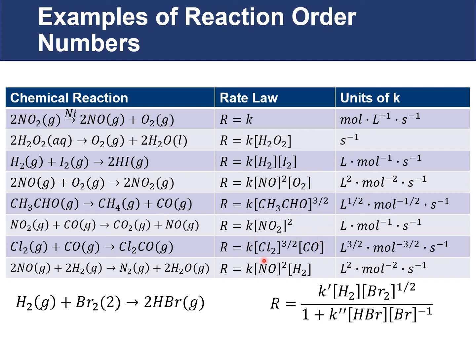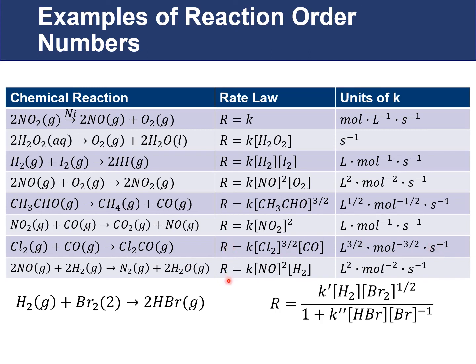We can have mixed units where we have here 3/2 and a 1. So what we would have is an extra 3/2 liter on bottom and an extra 3/2 mole on top that we need to get rid of from our concentrations. So the units on K would need to be 3/2 liter on top, 3/2 mole on bottom, second on bottom to give us our desired unit.